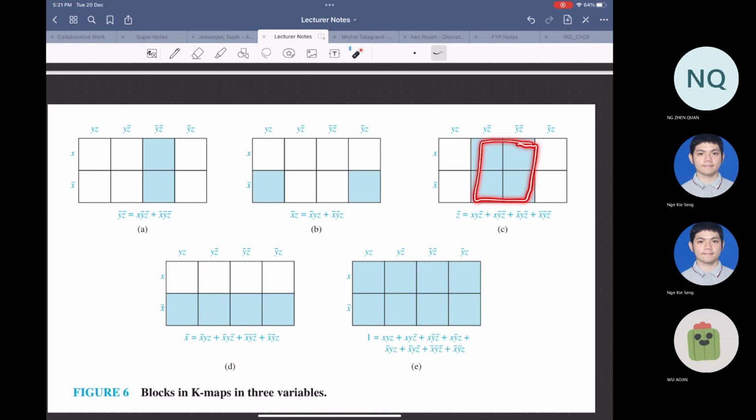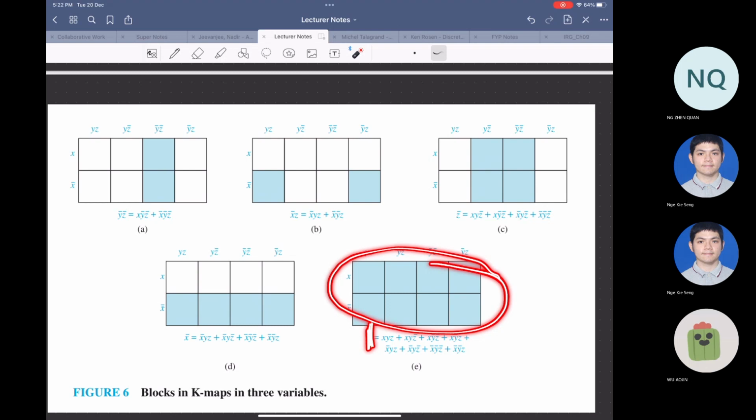And then when you combine a block of 4 in a square, you will get 1 literal. Or a block of 4 in a rectangular form, you will also get 1 literal. If you combine all of them, that means you get the whole possibility. You get everything. 1. Okay.